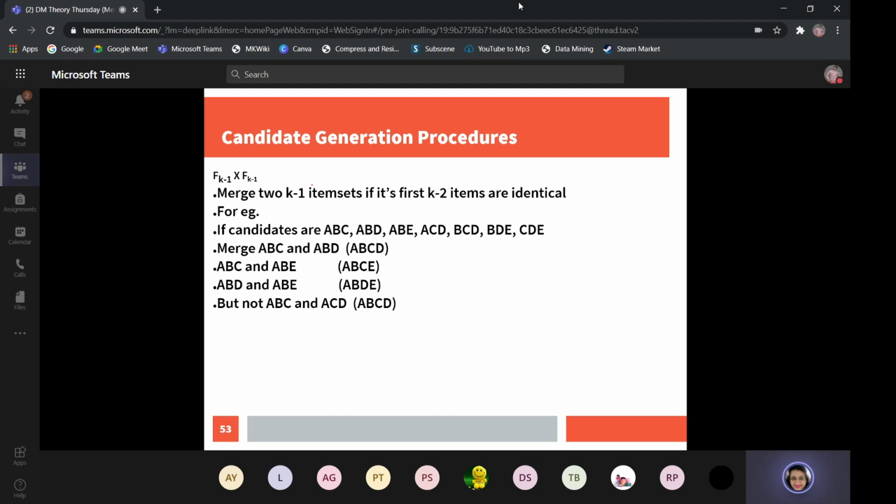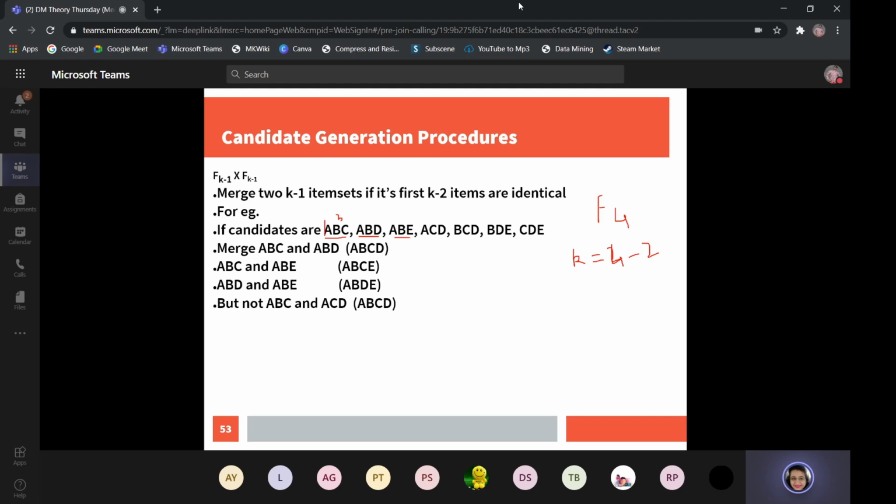For example, if you have candidates A, B, C, A, B, D, A, B, E, and so on. So these are 3 item sets. You have to generate F4. So k is 4, so you have to match k minus 2, that is, the first 2.